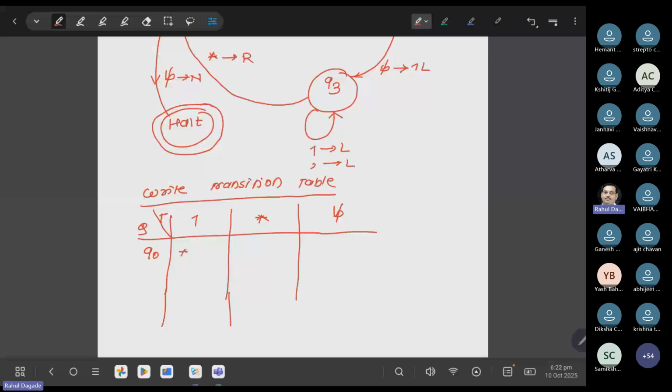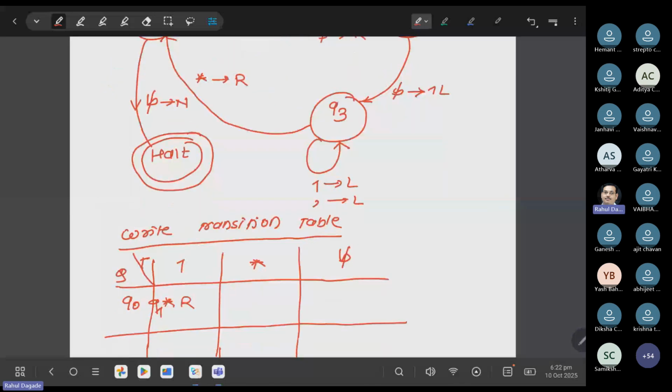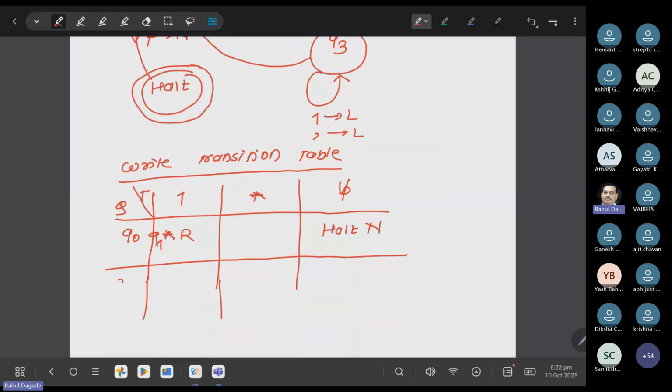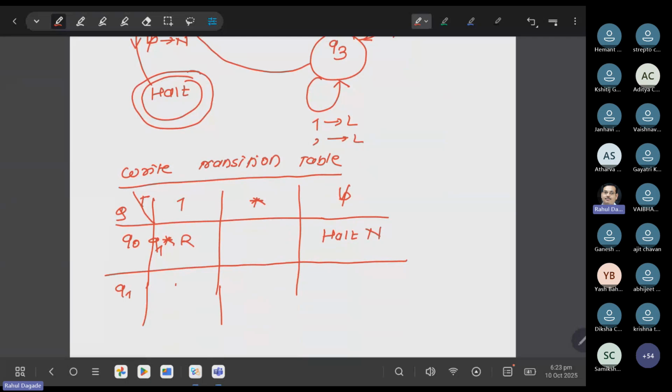And what is Q0 doing when blank is there? It is going into halt state with no movement of pointer. What is Q1 doing? Q1 is moving the pointer till the blank. If it gets 1, move the pointer to the right, and if it gets blank, then move the pointer to the right and come to Q2 state.